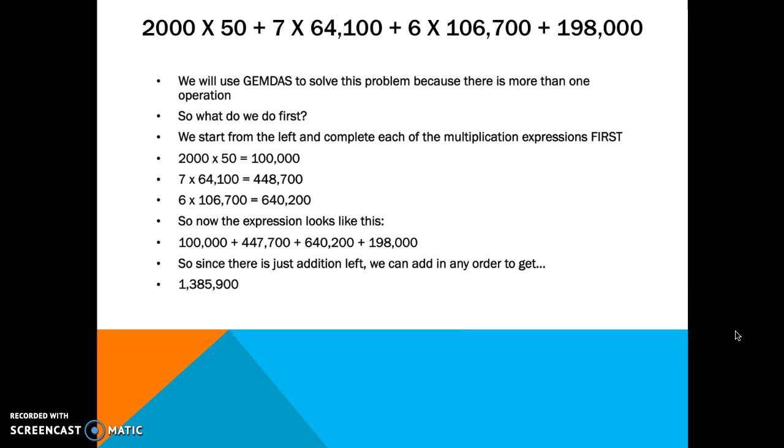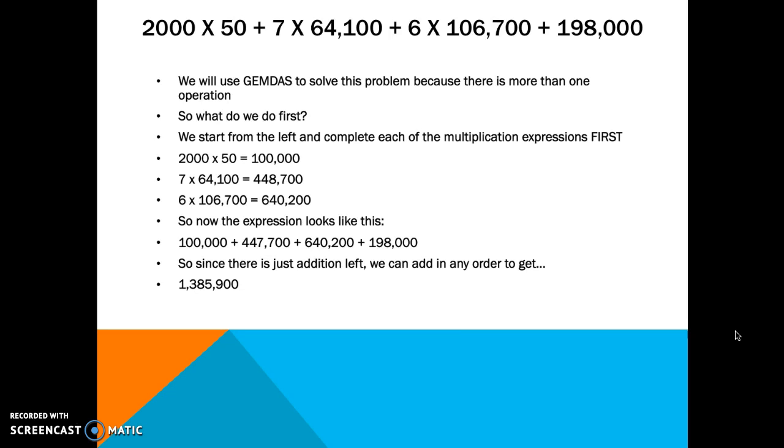Then 7 times 64,100, which is 448,700. And then I'm going to do 6 times 106,700, which gives us 640,200. So I'm done now with all of my multiplication expressions, and so now the entire expression looks like this.